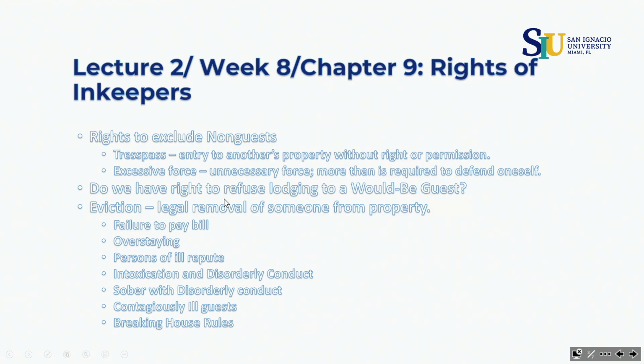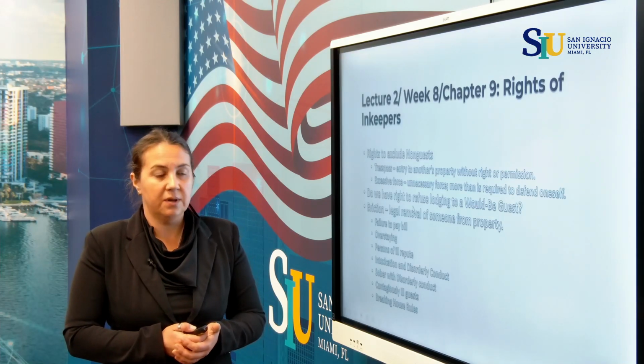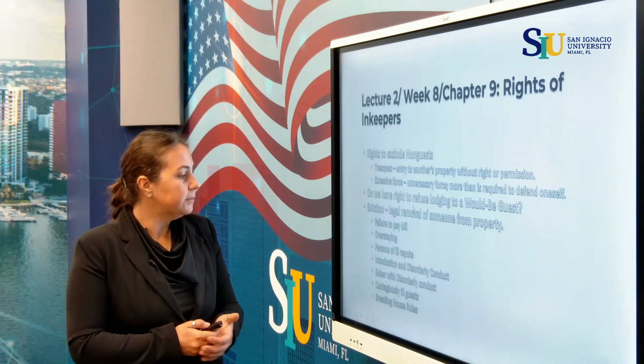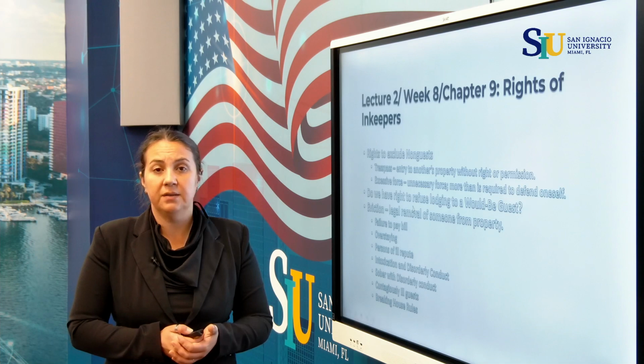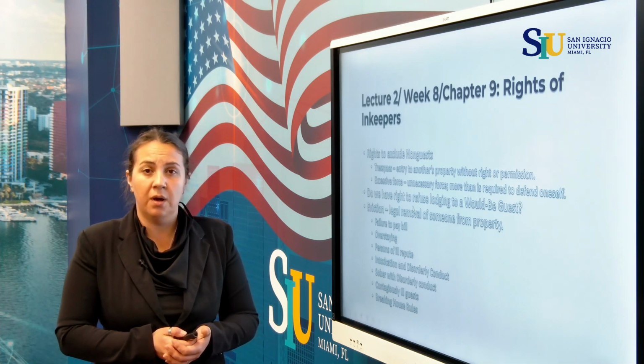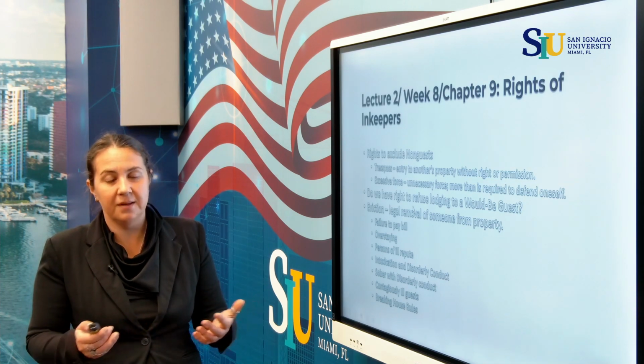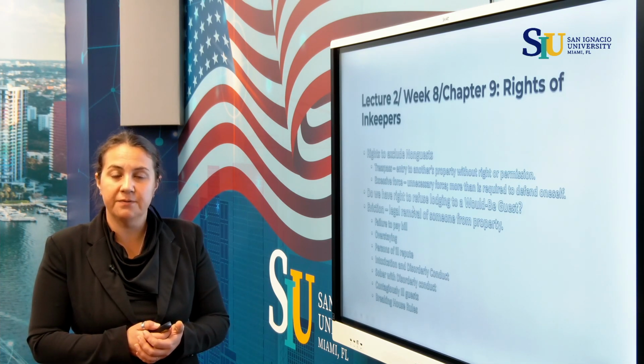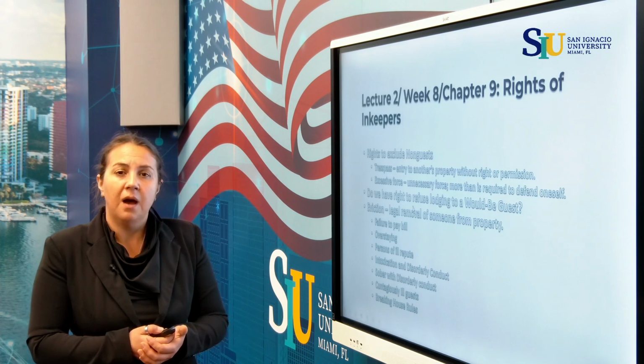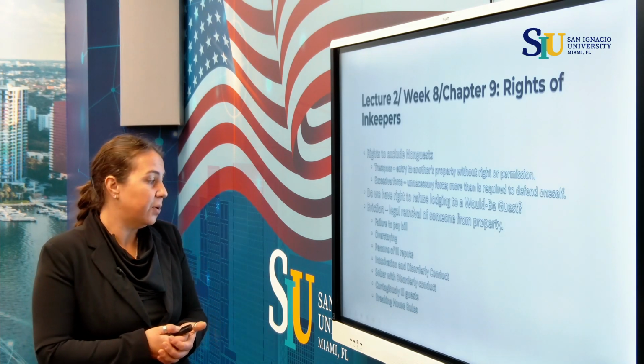intoxicated people that have a disorderly conduct, or sober with a disorderly conduct, people that are contagious or are a nuisance in terms of sharing or spreading the illness with the rest of your guests.